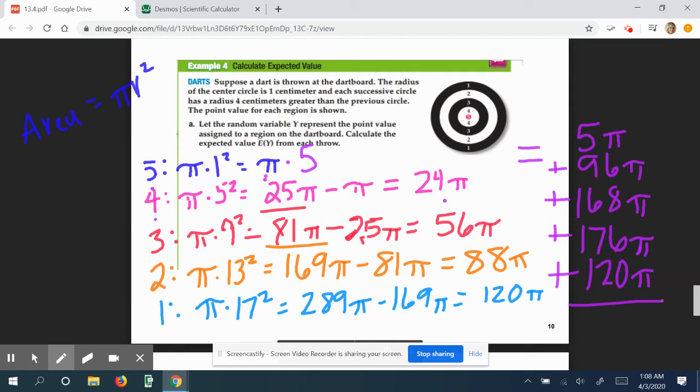So I add up all of those, and I'm actually going to get rid of the pi too in my answer. So let's put all those in.